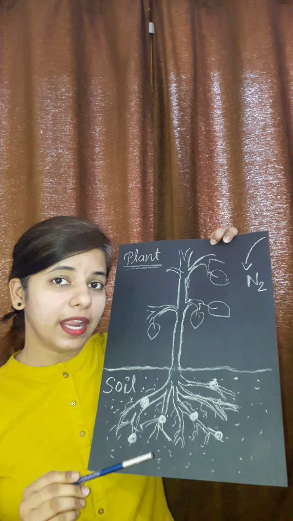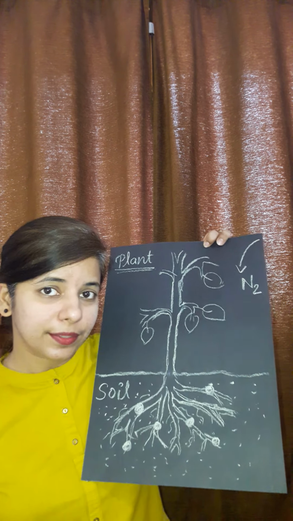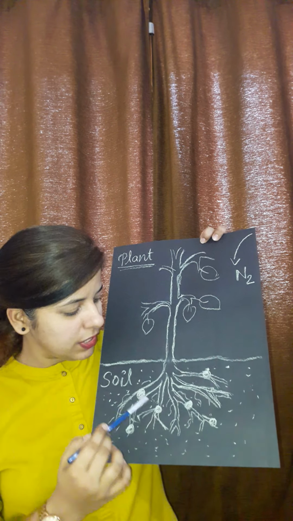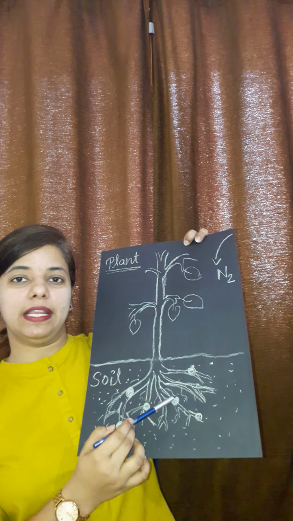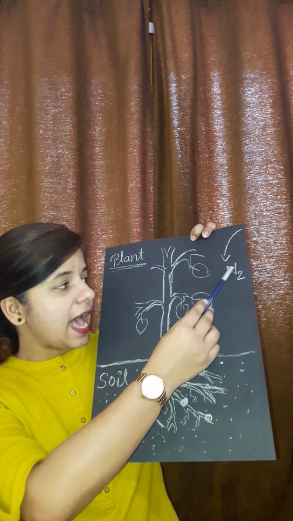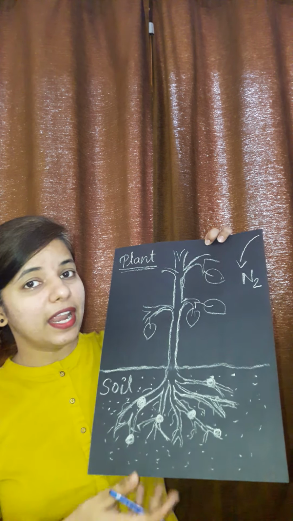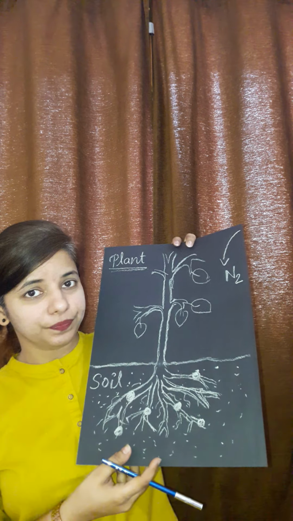nitrate and nitrite. After doing some reaction in the root nodules, this Rhizobium bacteria converts atmospheric nitrogen into the form of nitrate and nitrite.